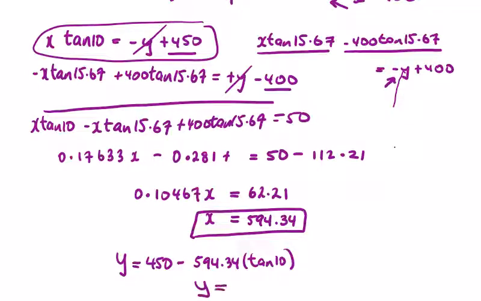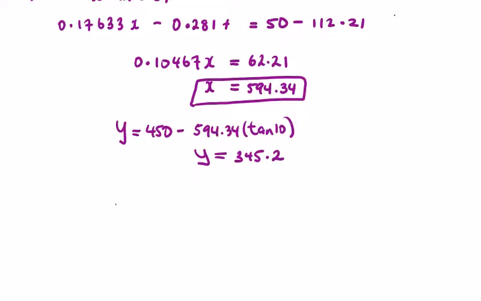So y is equal to 345.2. Now the velocity of R will be 594.34 in the i direction plus 345.2 in the j direction.